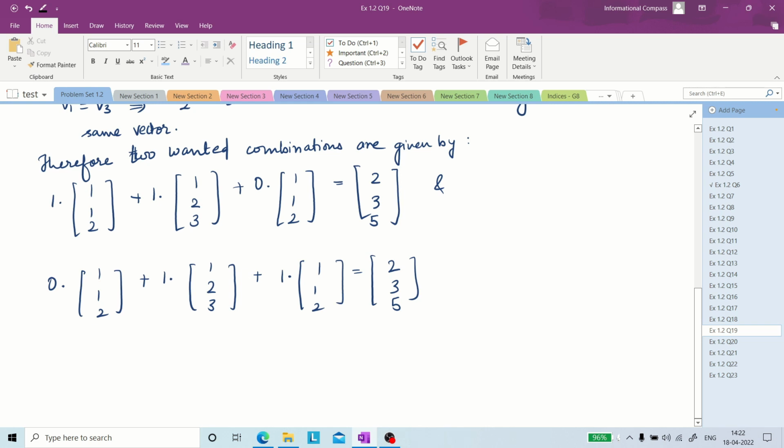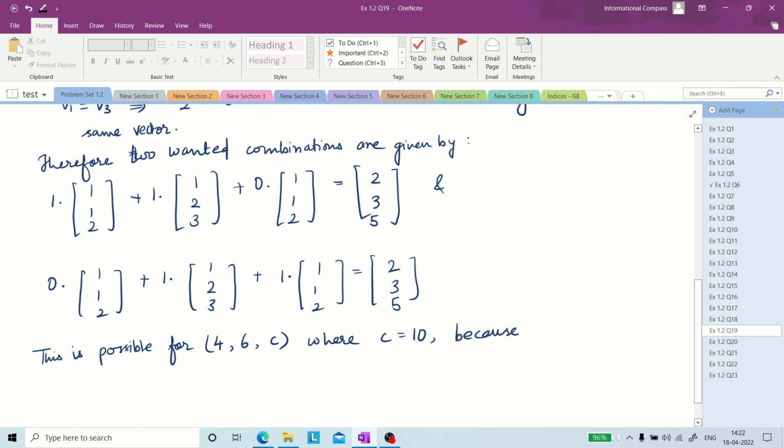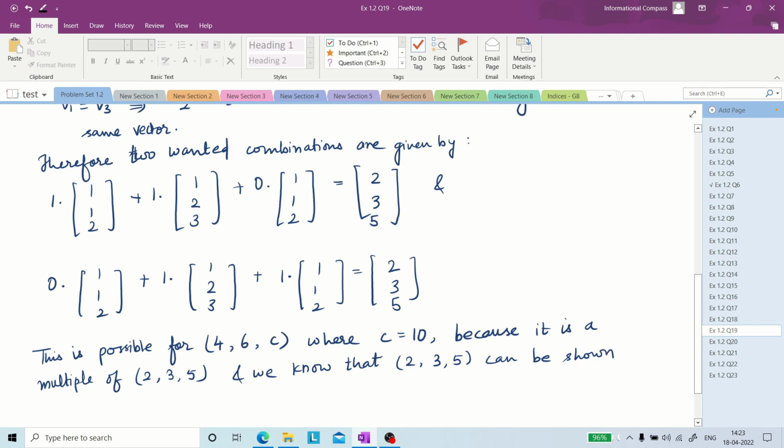Right? So this is possible for 4, 6C when C is 10, because it is a multiple of 2, 3, 5, and we know that 2, 3, 5 can be shown as a combination of vectors v1, v2 and v3.